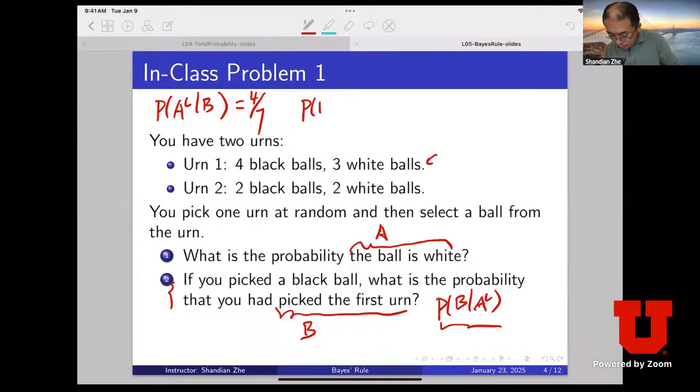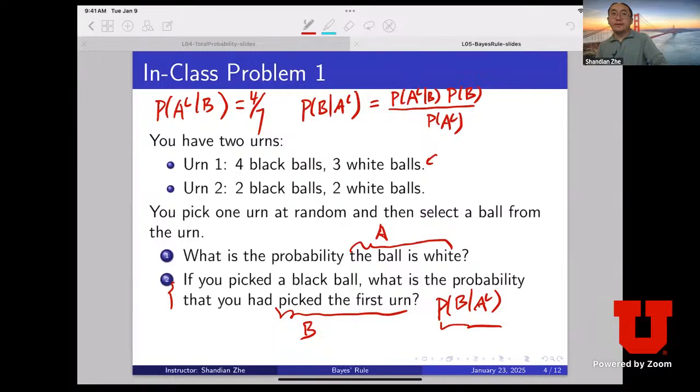So the conditional probability of B given A complement should be the conditional probability of A complement given B times the marginal probability of B, and then divided by the marginal probability of A complement.